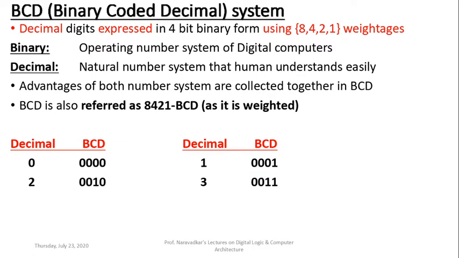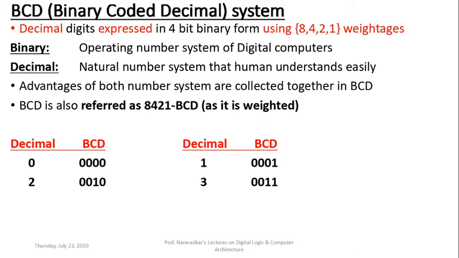Next is decimal 2. In 8421 weightages, only the second right bit should be 1 in the representation. So it is equal to 0, 0, 1, 0. Then for decimal 3, 3 is equal to 2 plus 1. Two weightages are to be added here, and these two weightages will be on the two right-side bits in the representation of the corresponding BCD.